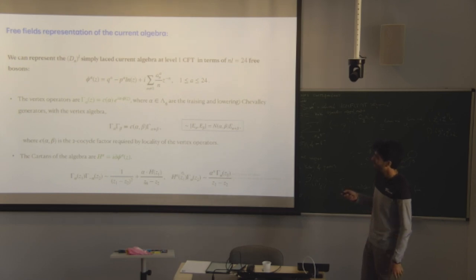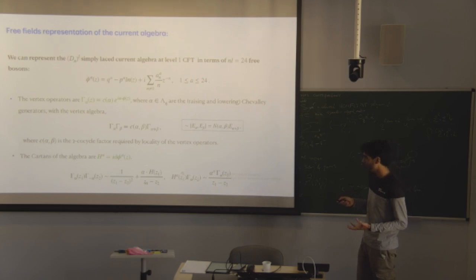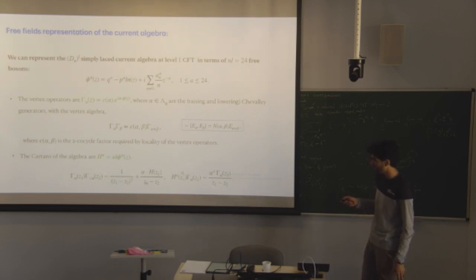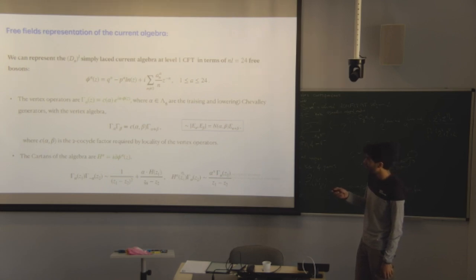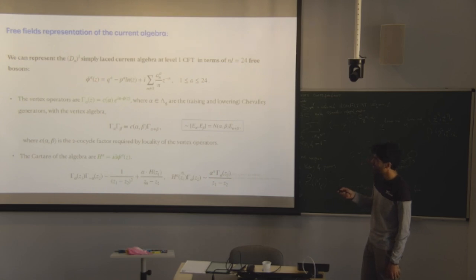Okay. And the algebra is the same algebra as you would require for your affine Kac-Moody algebra. So you have the vertex operator in a representation of your affine Kac-Moody algebra like this. Okay. So the Cartans we choose to be just the partial derivatives of the chiral part, the phi a of z, which is not completely chiral because you have a zero mode here. And so you write the representation of your algebra like this.